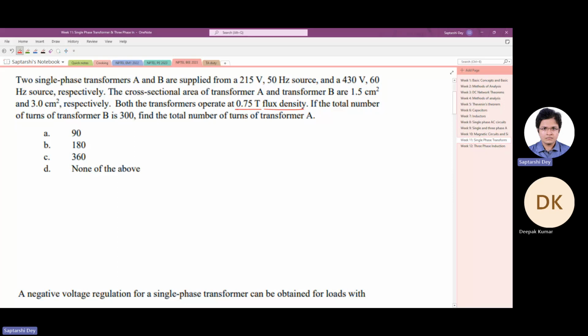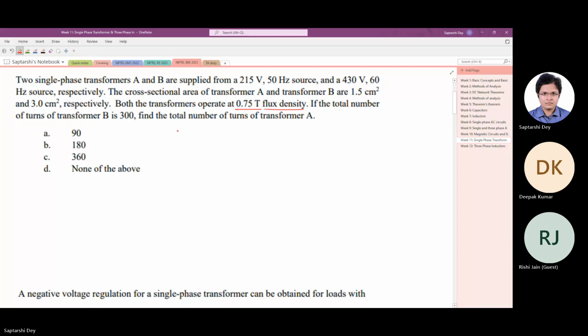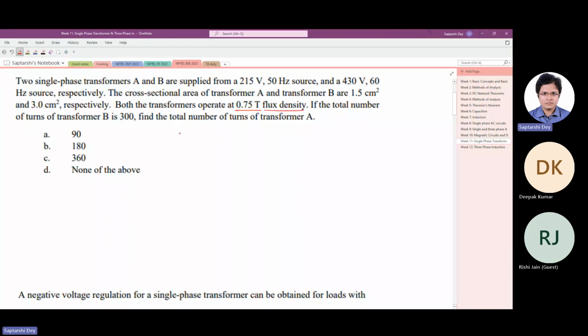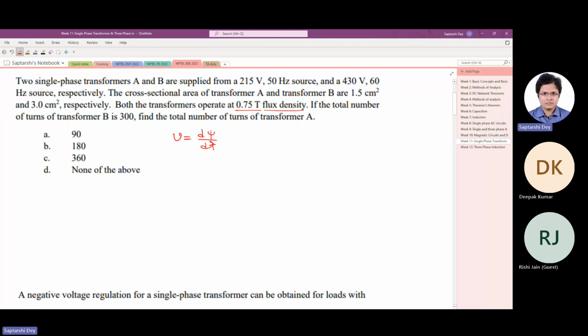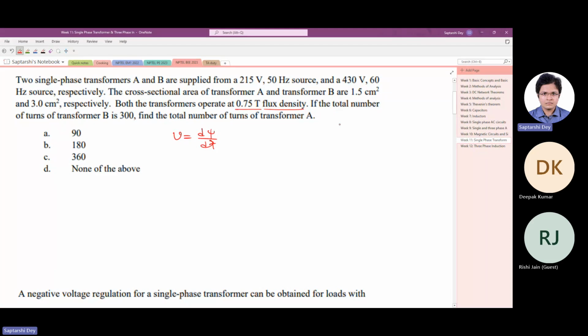So we have to find the relation between supply voltage, flux density, and frequency. We'll start from Faraday's law of induction, which gives v equals d psi by dt. I am writing lowercase v, which means I am talking about instantaneous quantities. Now, the supply voltage is sinusoidal, so definitely the flux will also be sinusoidal.